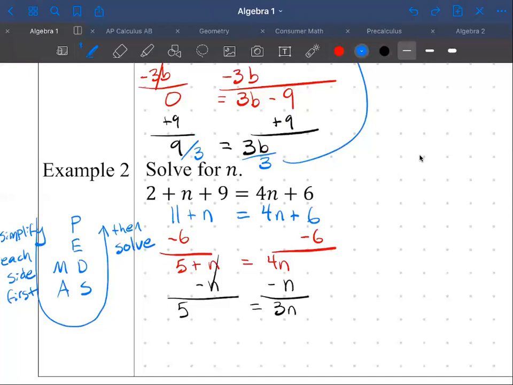So divide by 3. And what's our final equation then, Jose? It's like 1.75, I think. Oh, you can leave it as a fraction. You can just leave it as 5/3. It's fine. Okay. 5/3 is equal to n. Right.